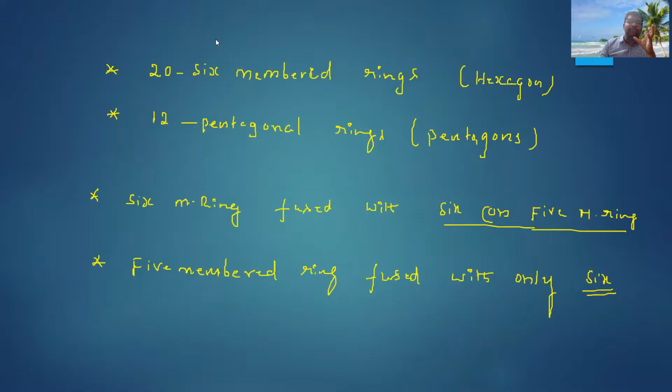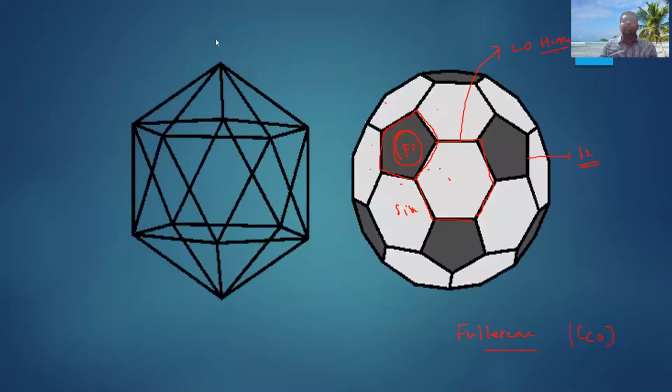So these points are very important in this structure of fullerene, students. There are 20 6-membered rings and 12 5-membered rings. A 6-membered ring is always fused with either 5 or 6, but a 5-membered ring is fused with only 6. It is clearly shown by this soccer ball.